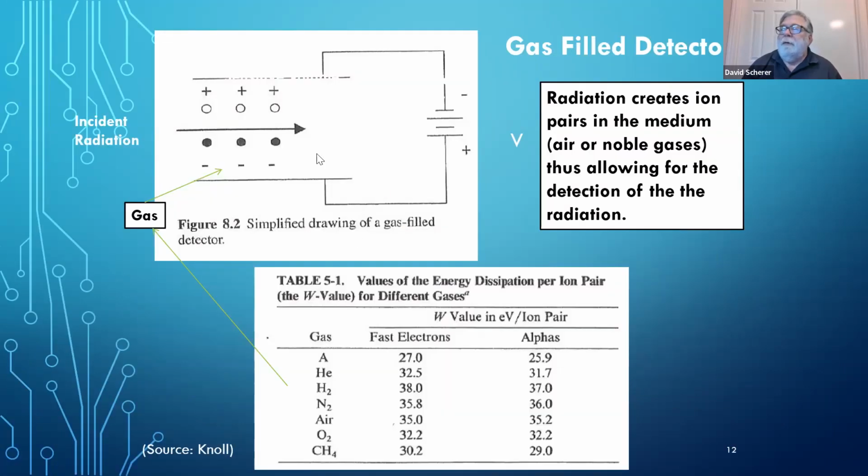When the number of incident particles is low, we can allow these electrons and ions to drift in the volume and count individual events.